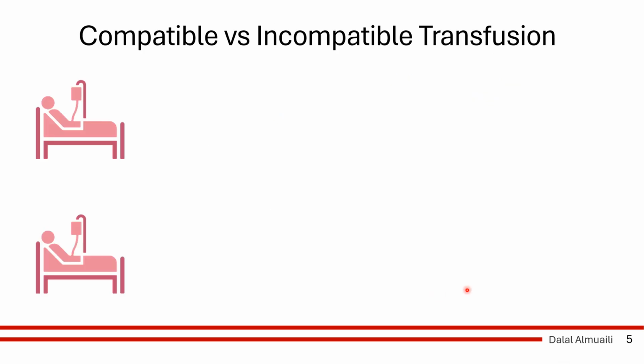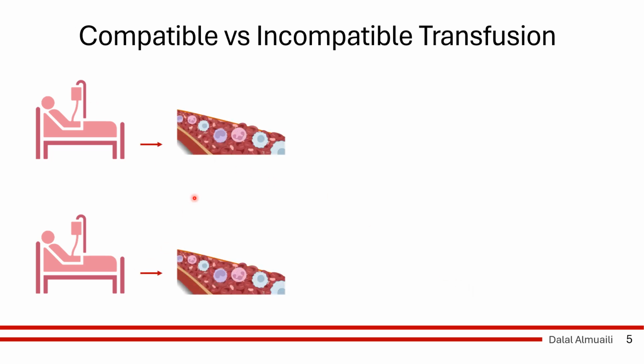So what does compatible versus incompatible transfusion mean? Because you will hear those words a lot around any transfusion that you will be a part of. In 2 patients where we are introducing a transfusion, the transfused component will enter the circulation and it will come in contact with the immune system of the recipient.